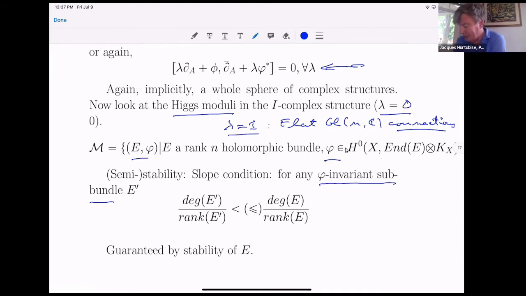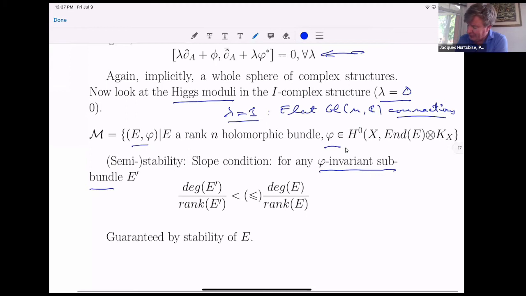And unfortunately, or fortunately, a lot of the interest is in the cases when E is not stable, but there's a phi to stabilize it.